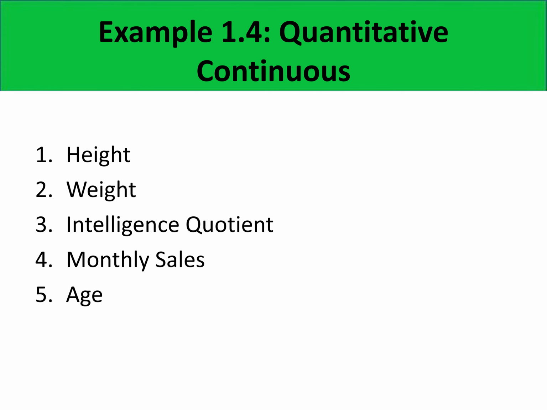For continuous quantitative variables, examples would be height, weight, and intelligence quotient because these are being measured. Now, monetary values like monthly sales are considered continuous quantitative because they answer the question how much. Also, age is considered continuous quantitative because age is dependent on time and time is being measured.